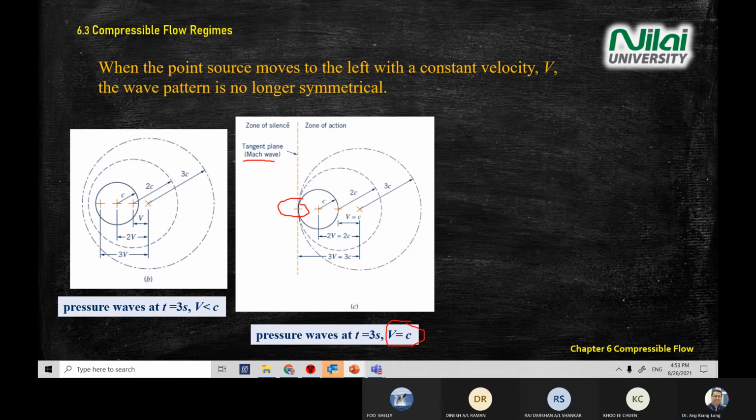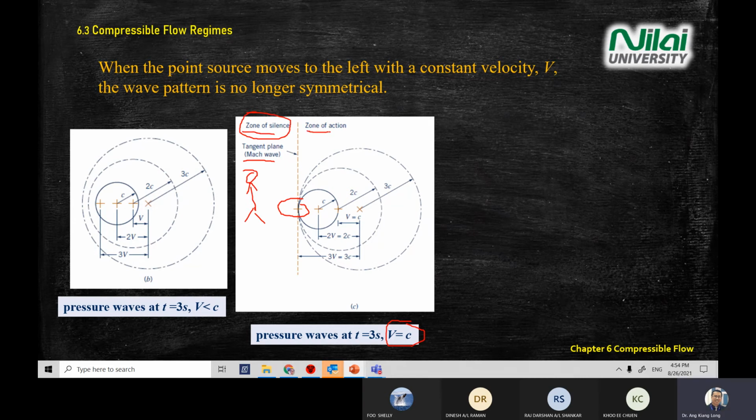A very interesting phenomenon is that if you're standing on the left-hand side of this tangent plane, you will not hear any sound. You will not hear any sound generated previously. We call it the zone of silence.